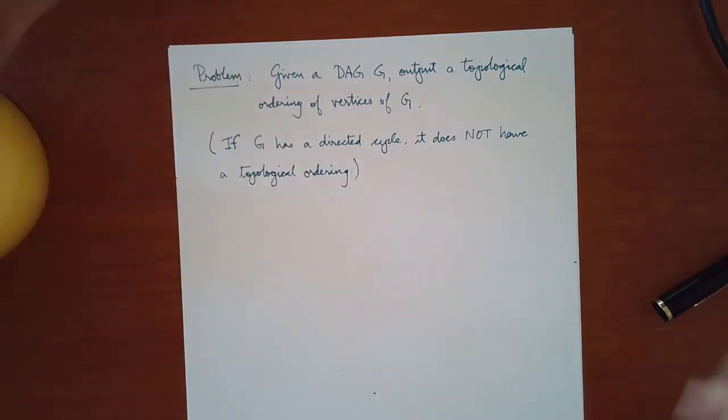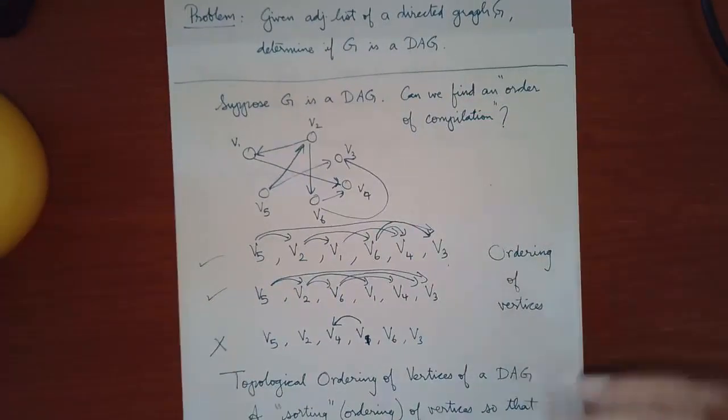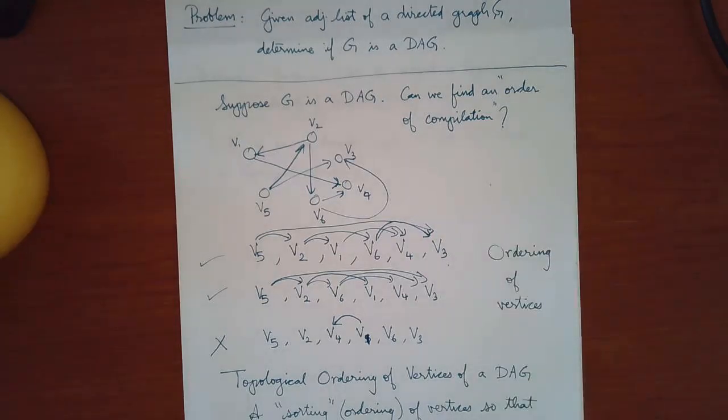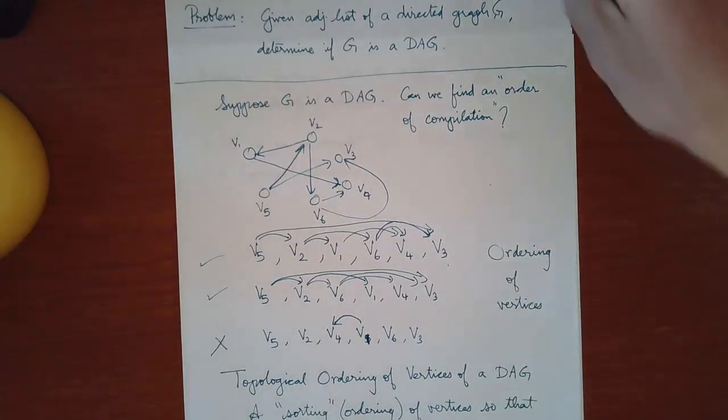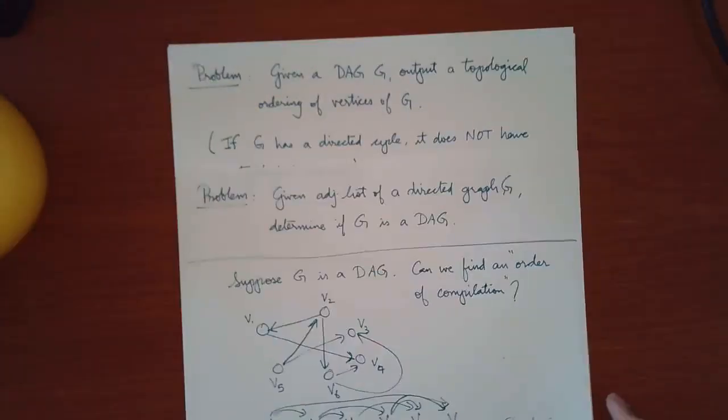Now note that a topological ordering is not unique, and I just gave you an example where there are two distinct topological orderings.